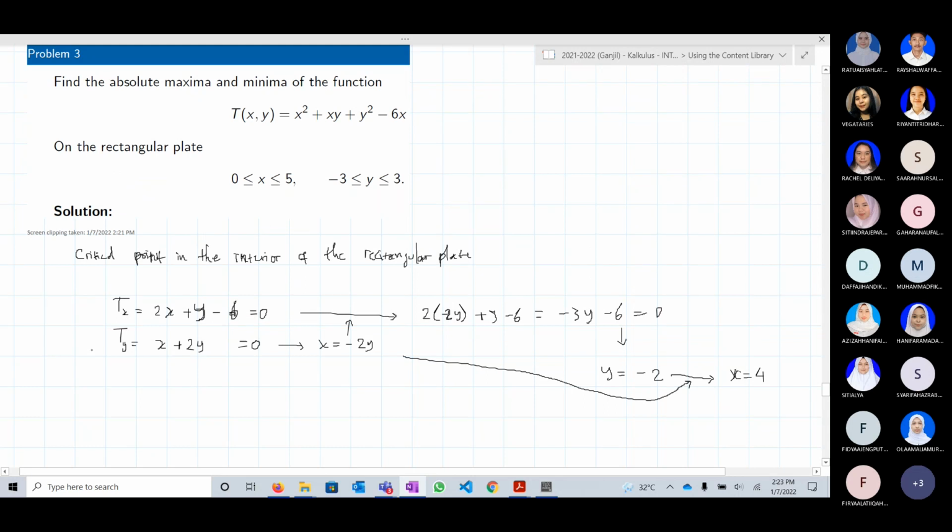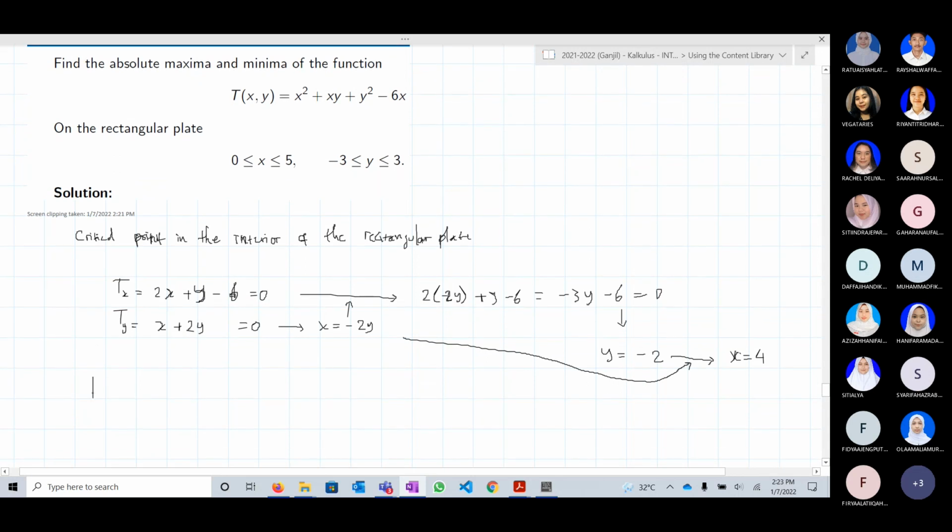And we evaluate T at (4, minus 2), which is 4 squared, 16, plus 4 times minus 2, plus minus 2 squared, which is 4, minus 6 times 4, minus 24, which is equal to minus 12.